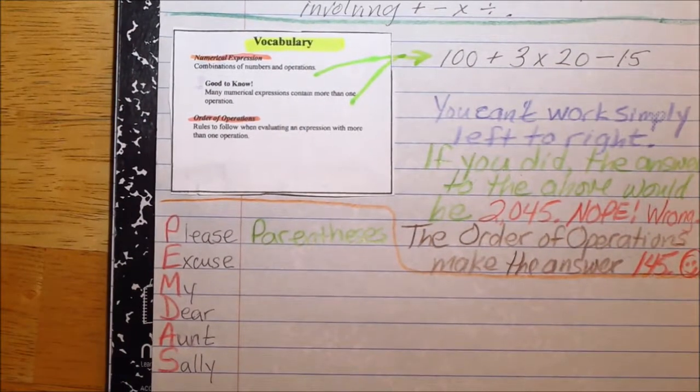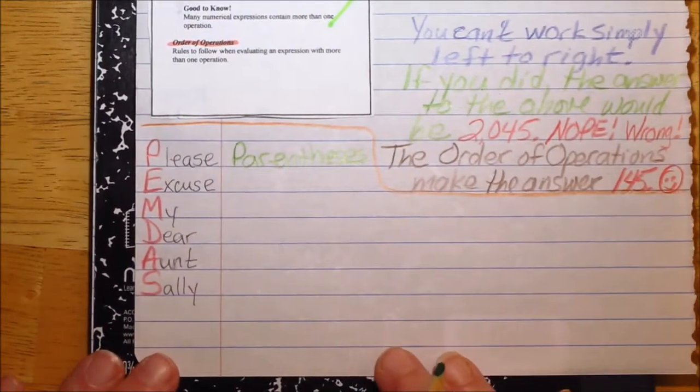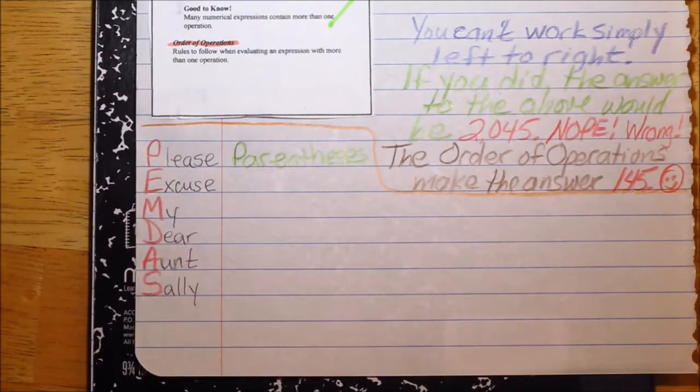All right. Now, this is the first area, really, where this acronym kind of goes wrong, because we say the first step in order of operations is parentheses, but really the first step is grouping symbols. And grouping symbols include parentheses, but they also include brackets, and you'll learn during this block that it also includes a fraction bar. A fraction bar is a grouping symbol.